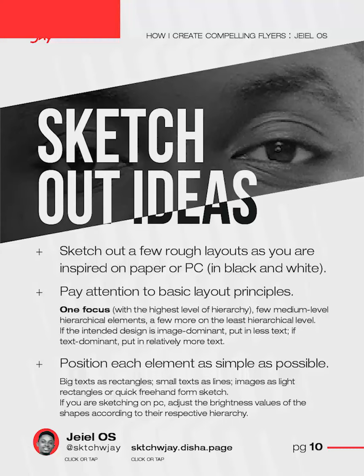So sketch out a few rough layouts as you are inspired, on paper or on PC. If you are sketching on your PC, you want to work with just black and white, creating rectangles, circles, lines, and other kinds of shapes. I'm going to explain how you can do that in the class I said I'm going to talk about, which is still on this same topic.